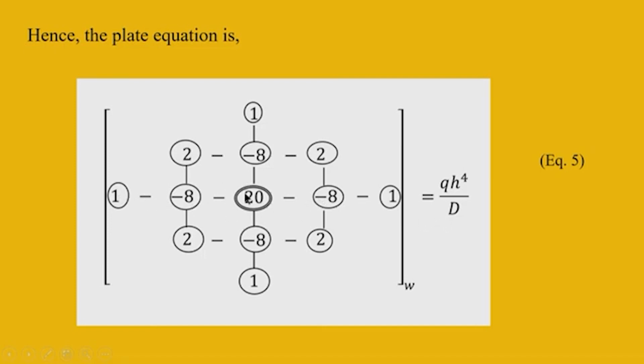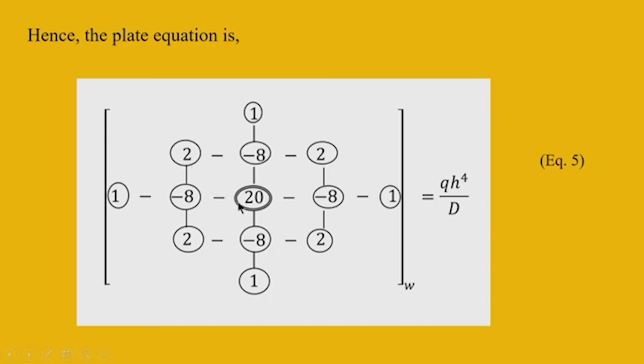When you place the stencil at a node, it covers centrally these 5 points horizontally, and vertically also 5 points, then other 3 points.